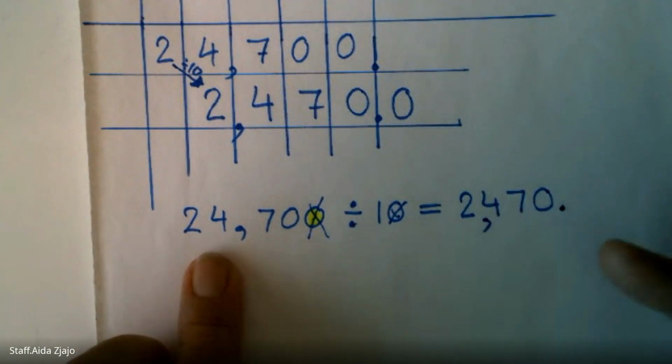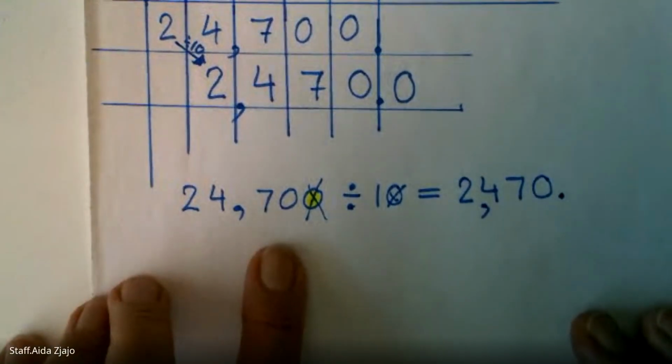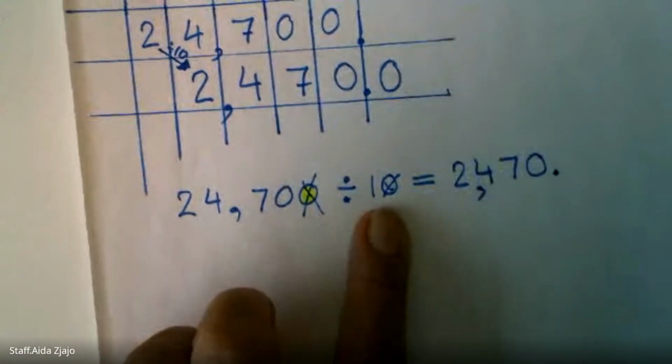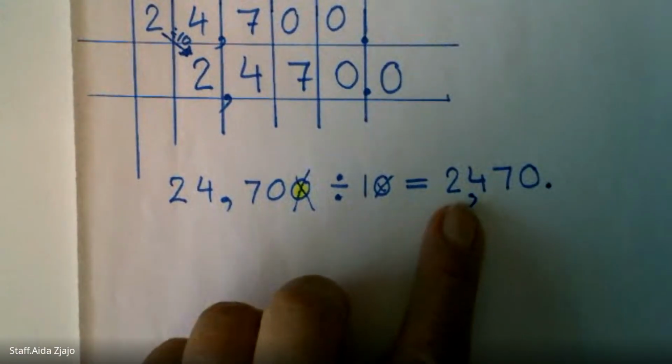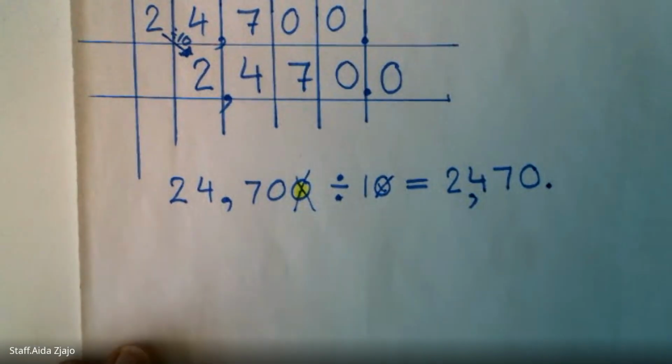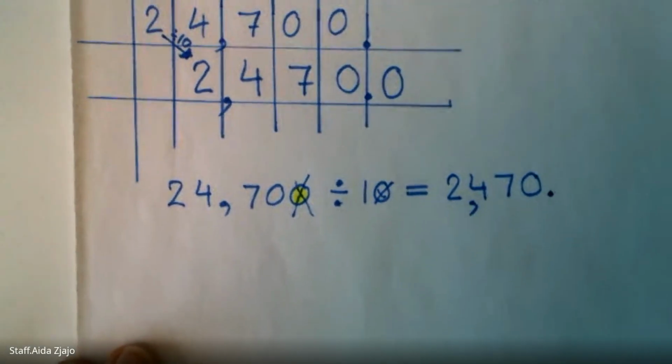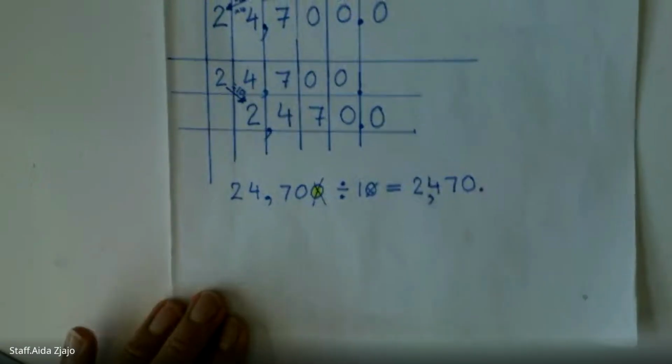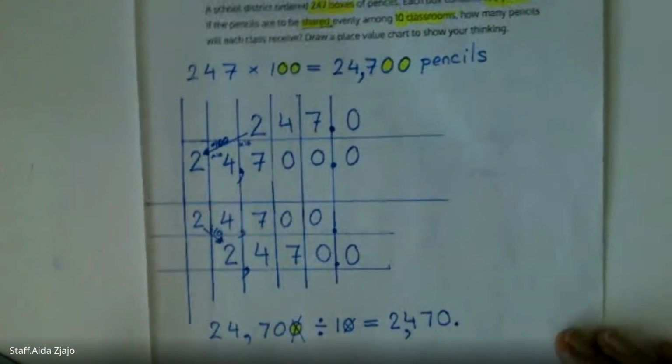If 24,700 gets 10 times smaller, it becomes 2,470.